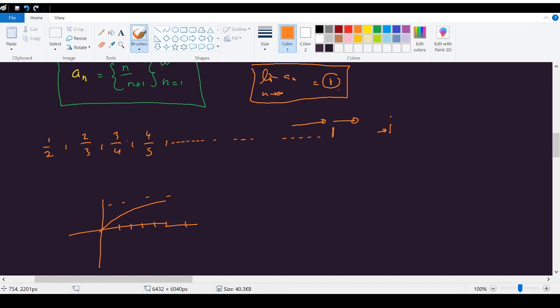So from here onwards, I'm not going to compare sequences with a function all the time, right? So I'll just mention it as the limit of the sequence. So I'm not going to remind all the time that this is also a function, right?